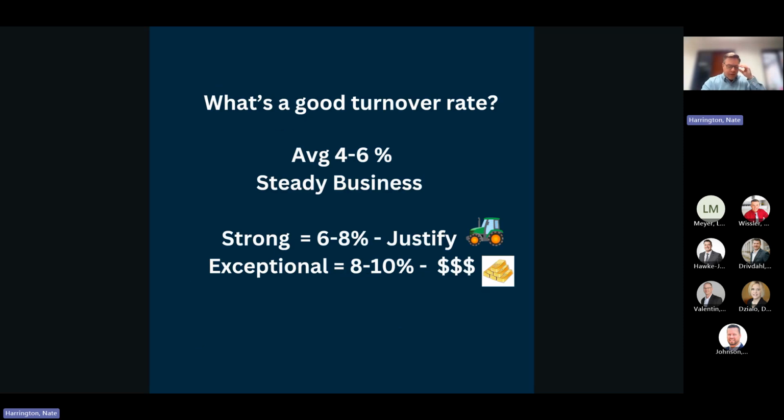So, what's a good turnover rate? Average is 4 to 6%. That's good, steady business. If you find a strong neighborhood with a rate of 6 to 8%, I would justify farming that neighborhood all day long. And if you find a neighborhood with an exceptional 8 to 10% or higher, woo, that's your gold mine.